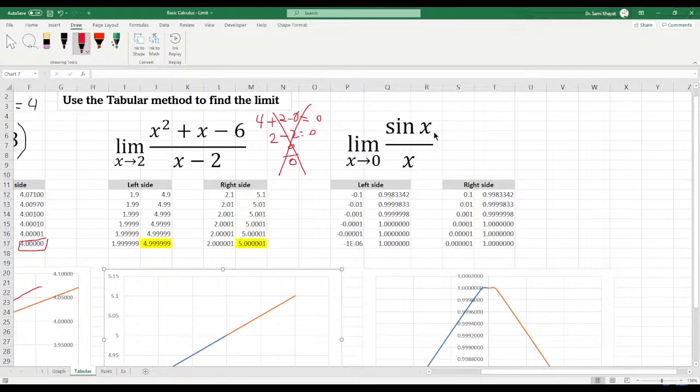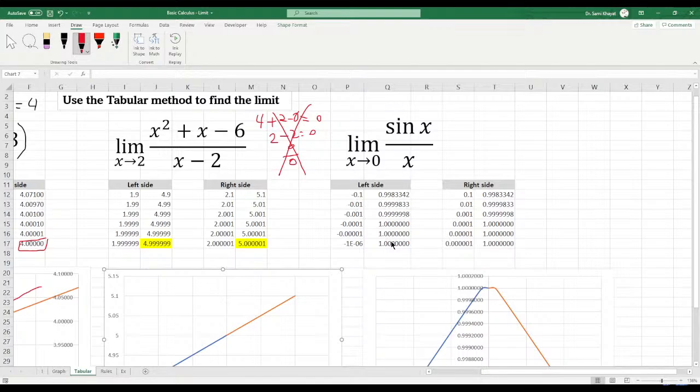Now, another one. Let's see this function, sine x divided by x. By the way, when you make your calculation, be sure your calculator is in radians, not in degrees. Now, the limit as x approaches 0: sine 0 is 0, and the bottom is 0, and 0 over 0 cannot be. Let's see if there is a limit.